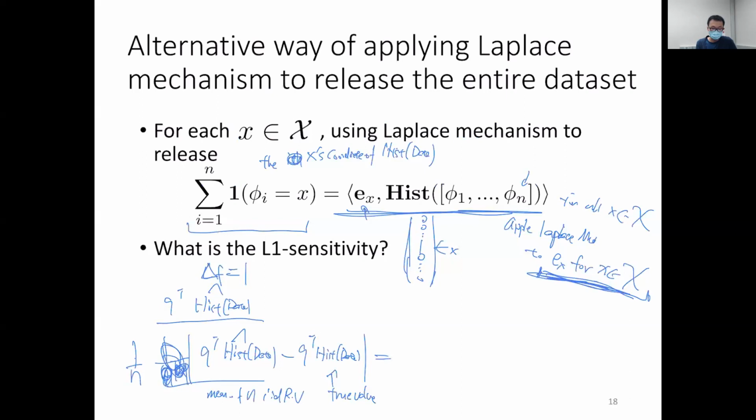Due to that, this is the equivalent representation of a statistical query. So for any statistical query, we can convert it into this linear query representation and have this 1/n in front.